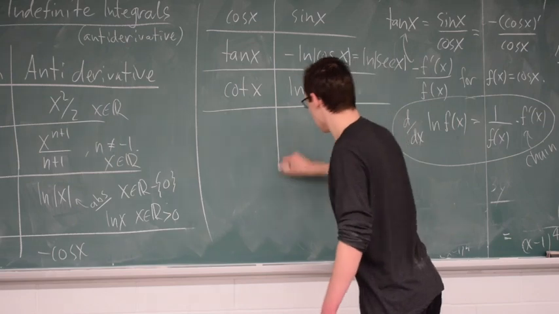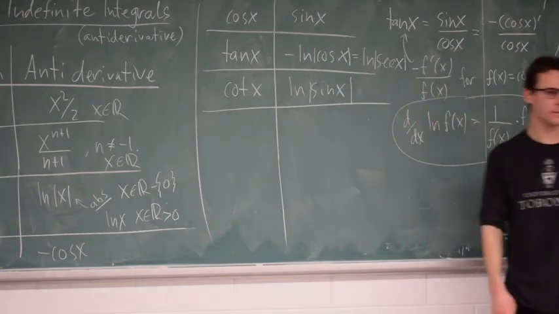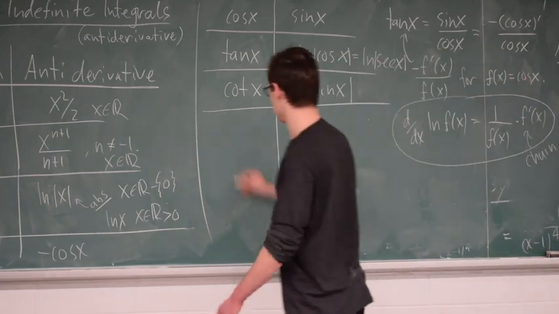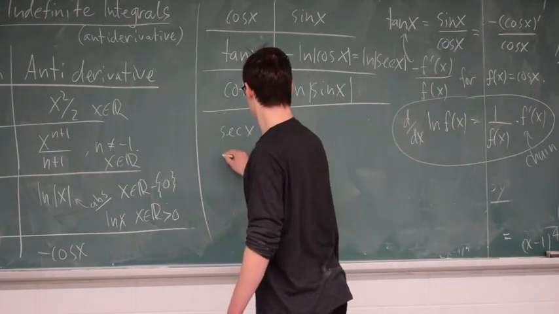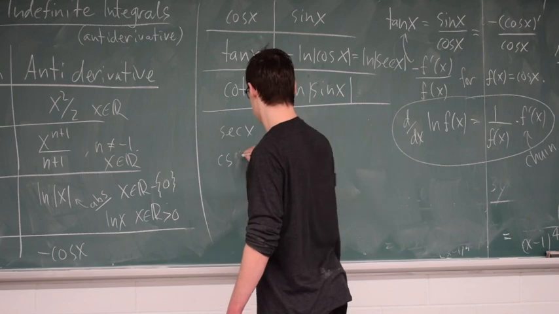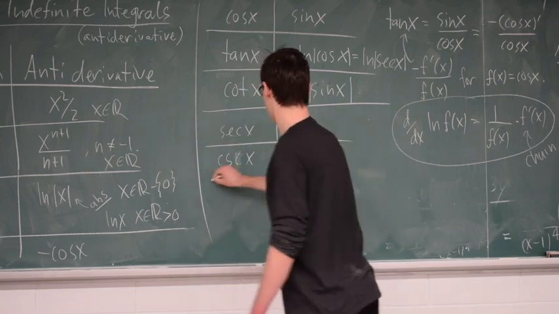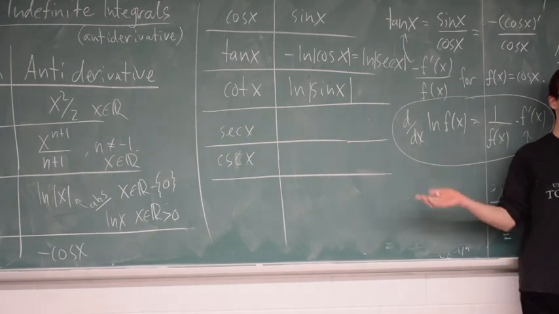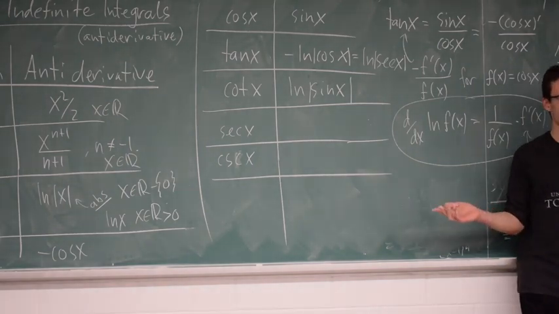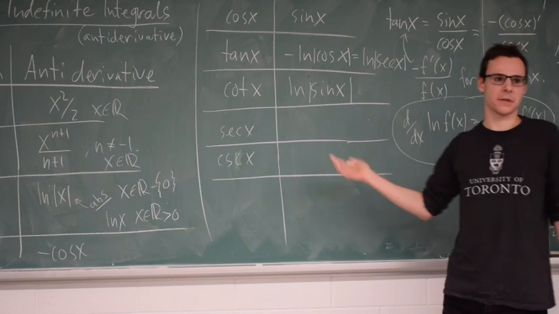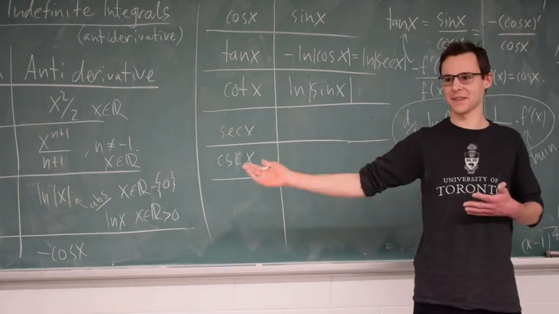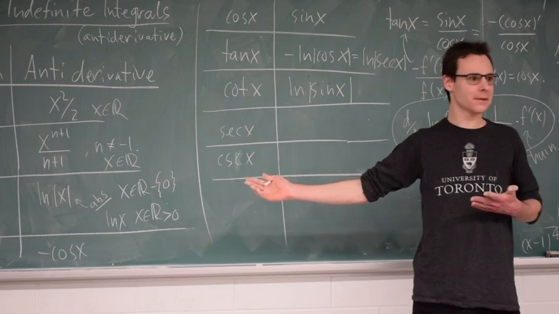Now, I'm going to tell you 2 other formulas which are important, for secant x and cosecant x. But you're not going to need to know how to derive them. So I'll just tell you what the formula is. One of these is slightly easier than the other, but I really don't think you'll be expected to do this. Correct me if I'm wrong. How much work have you guys done with antiderivatives? 1 hour.